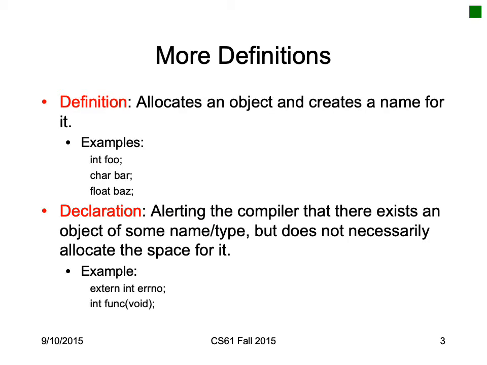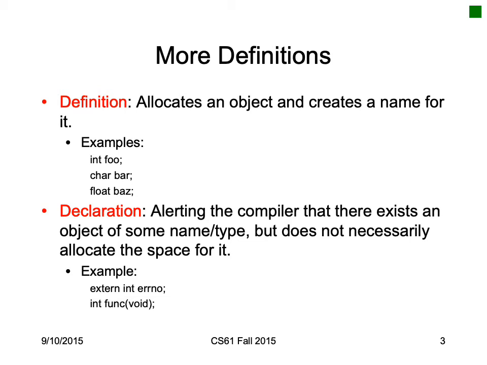We have just a couple more definitions. And the first one is definition. Talk about circularity. So in C, a definition does two things. It allocates an object and it creates a name for that object. So when you start writing your C programs and you specify your variables, things like int foo, char bar, etc., you are both saying, I want to allocate space for an integer, and I'm going to assign it the name foo.